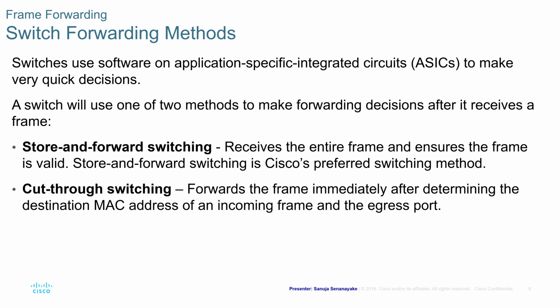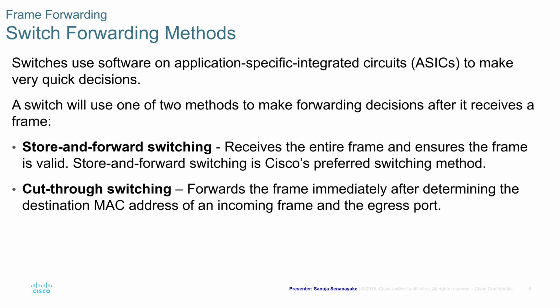We briefly went over store and forward and cut-through switching in our previous lecture series, but here we will go a little bit more in depth on how they work, and in labs we will learn how they actually behave. So in store and forward switching, the switch receives the entire frame and ensures the frame is valid. Then it transmits the data.